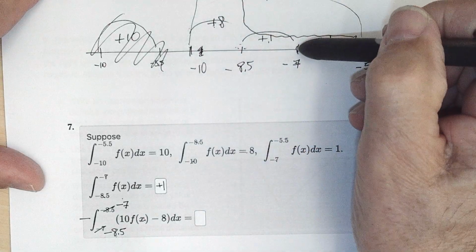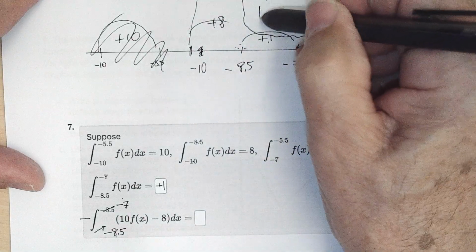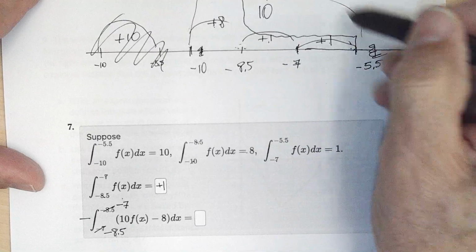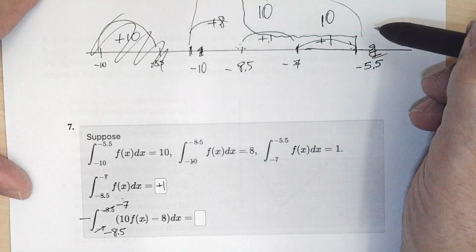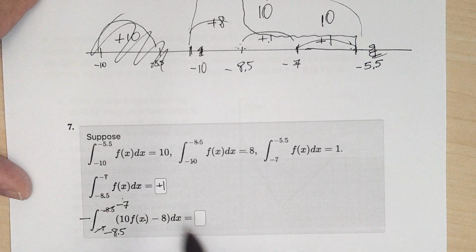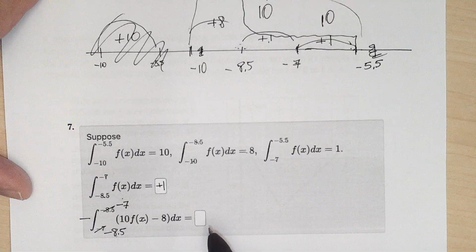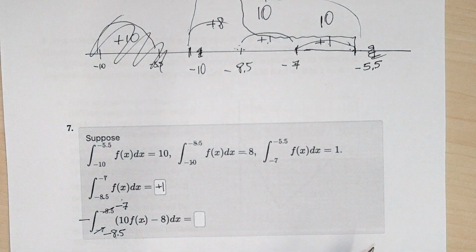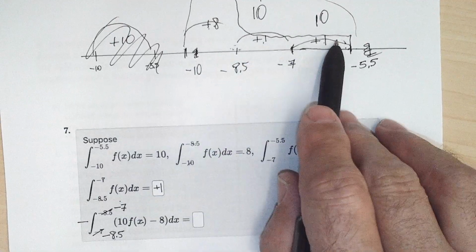The area here would not be 1, but would be 10. And the area here would not be 1, but would be 10. So it's stretched way up, so there's 80, 10, and 10.